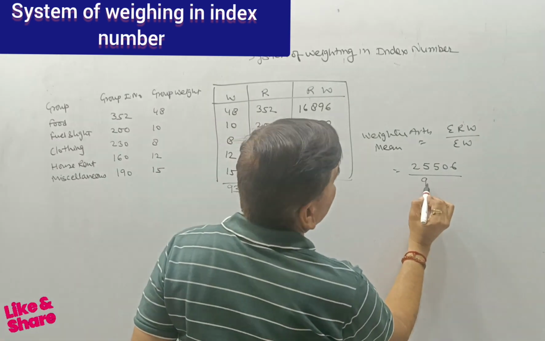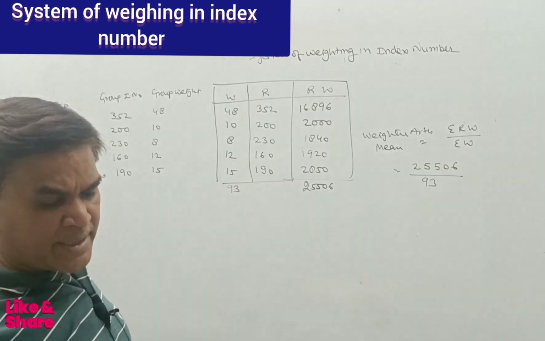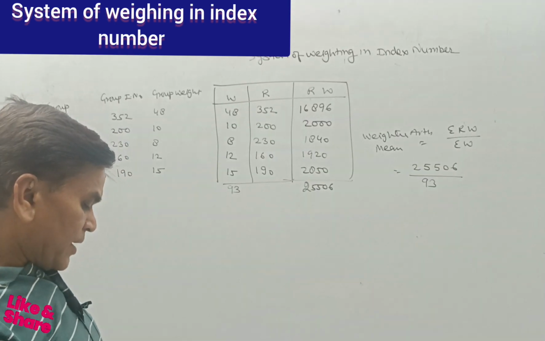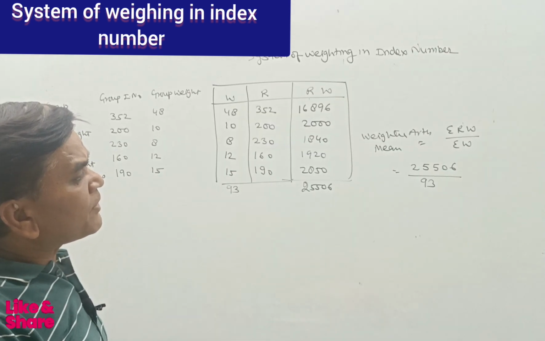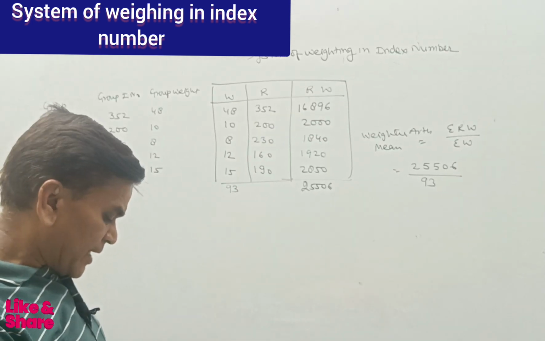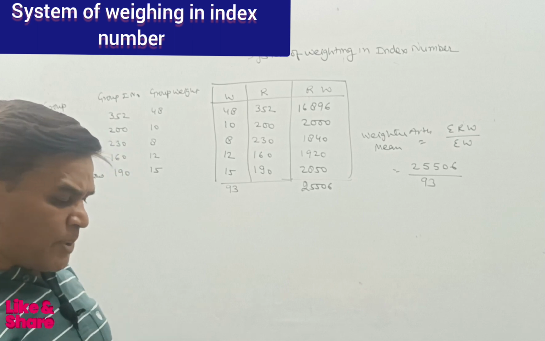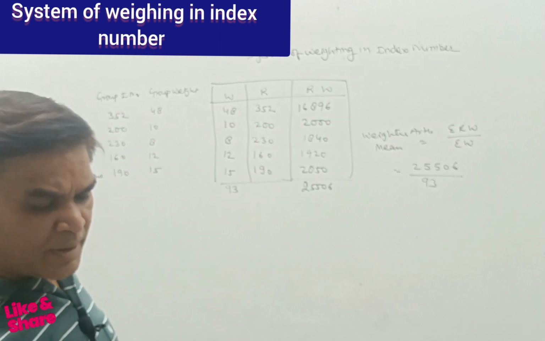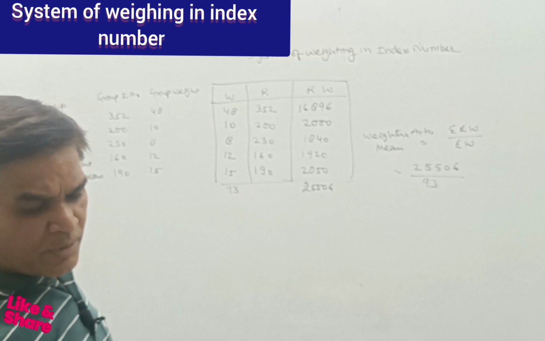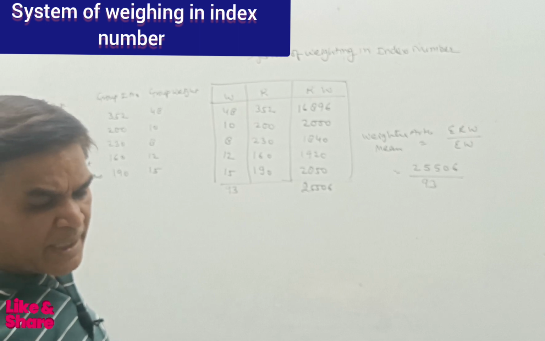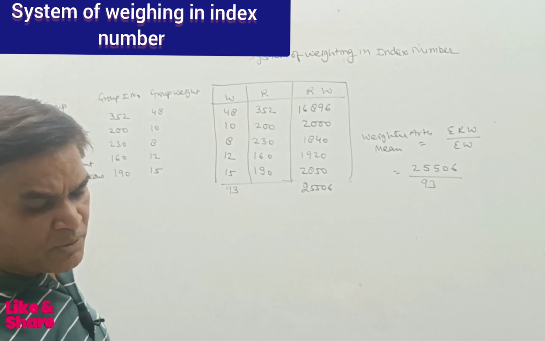So 25506 divided by 93 gives the index number.